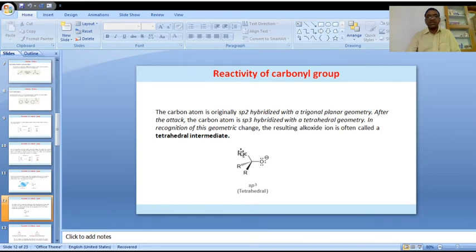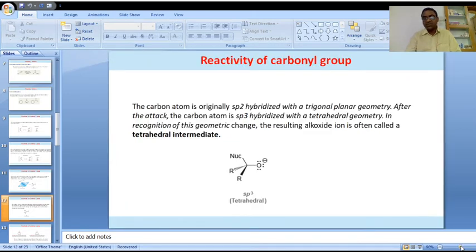Generally, the sp2 hybridized state changes to the sp3 hybridized state, and the structure is automatically converted to tetrahedral form. In recognition of this geometric change, the resulting alkoxide ion is often called a tetrahedral intermediate.